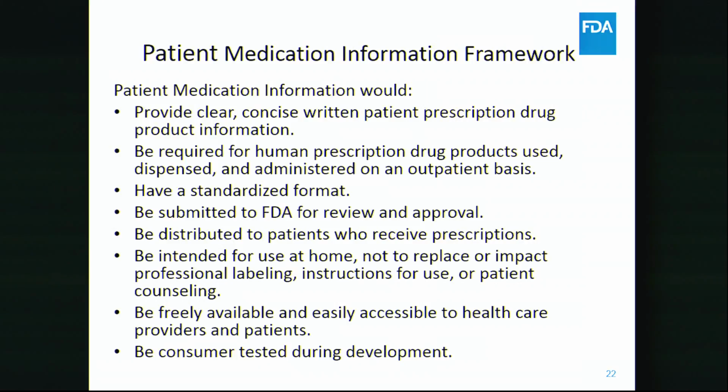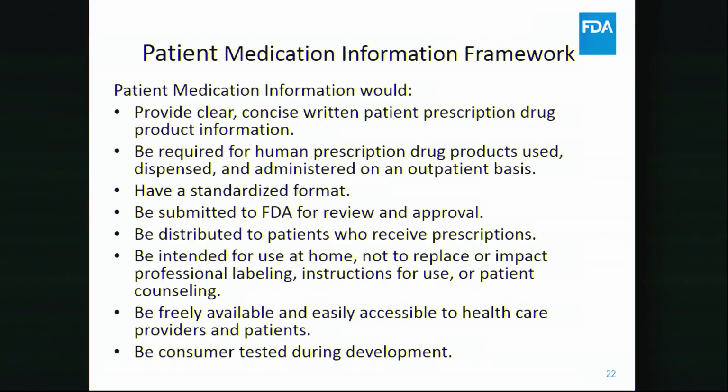And in terms of the patient medication information framework, this information would provide clear, concise, written patient prescription drug product information. It would be required for human prescription drug products used, dispensed, and administered on an outpatient basis. The idea would be to have a standardized format.